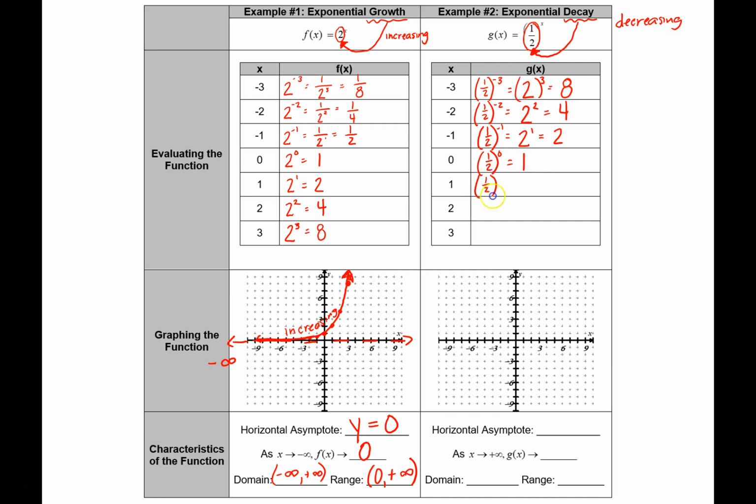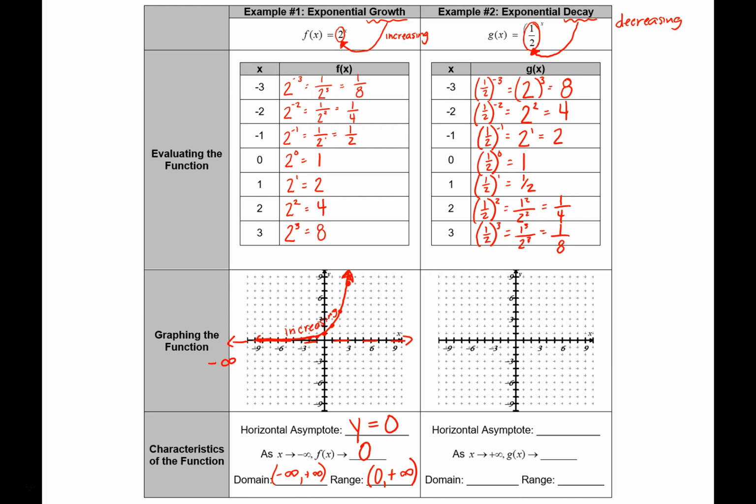When I have 1/2 raised to the 1st power, that's still just 1/2. When I have 1/2 squared, remember that's 1 squared over 2 squared, so that's 1/4. And when I have 1/2 raised to the 3rd power, that's 1 cubed over 2 cubed, which is 1/8.